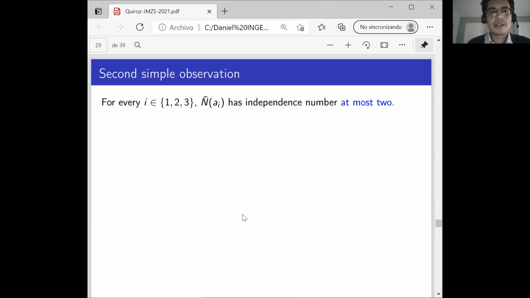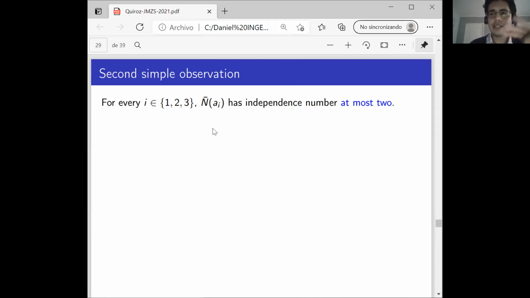Then there comes the second simple observation: for every i, the non-neighborhood of Ai, which we denote with an N with a bar, has independence number at most 2.